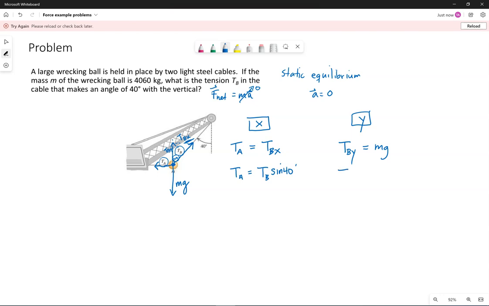We can write this y component of tension B. It is adjacent to the 40 degrees in the picture. So the y component of tension B is tension B cosine 40. That needs to equal the mass times gravity, the acceleration of gravity. So this y equation will actually allow us to solve for tension B.